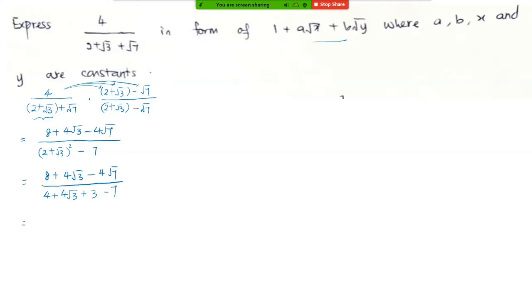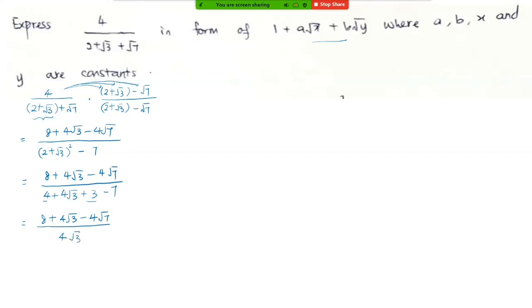Next, in the numerator, we can't do much, just copy. We can do something with the denominator because 4 plus 3 is 7, and 7 minus 7 is 0. So we're left with 4 root 3.